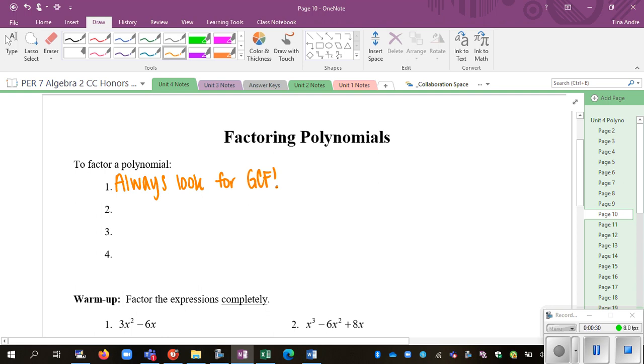And then second, if you have a binomial, so if you have two terms, you want to look for difference of perfect squares.